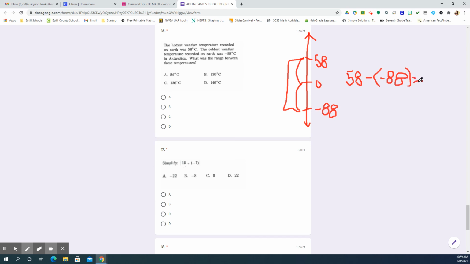So if you add the opposite, it looks like 88 plus 58. 8 and 8, 16. And 8 and 5 is 13. But you add 1, so 146 maybe. Looks like it's going to be D.